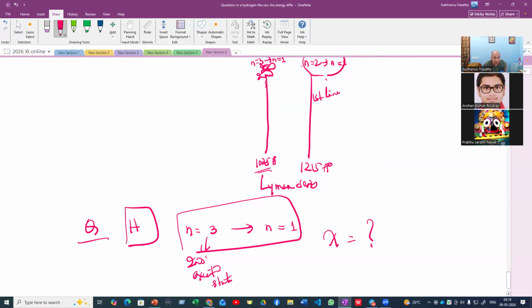And you will calculate later from 4 to 1. It will also come in the ultraviolet region, about 900 something. After a few lines, you'll find the change will be in the decimal point: 931.5, then 931.47.